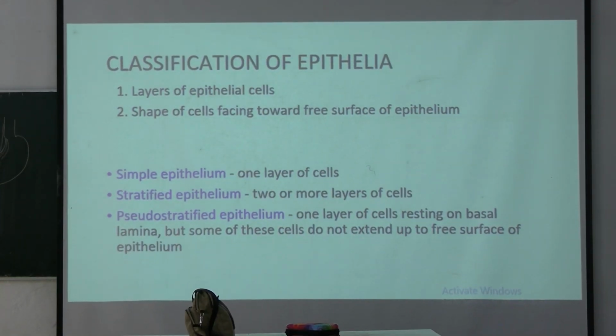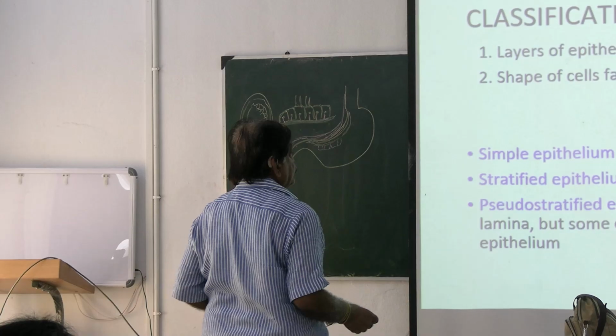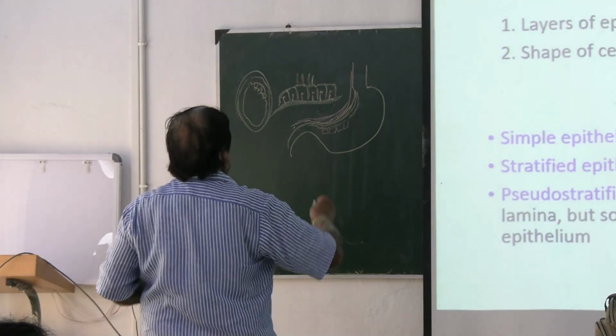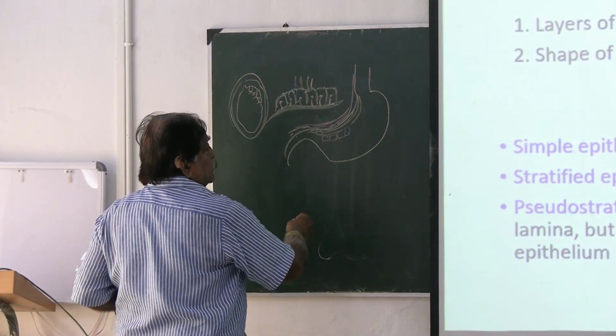Now, classification of epithelia. Layers of epithelial cells, and shape of cells facing towards the free surface of the epithelium. Simple epithelium: one layer of cells. Stratified epithelium: two or more layers of cells.